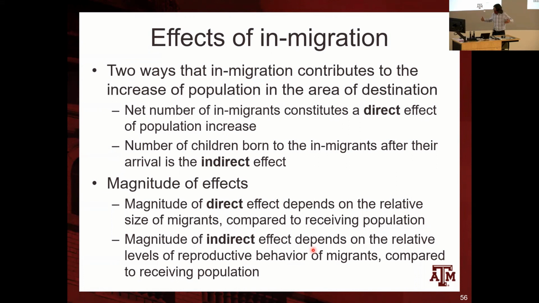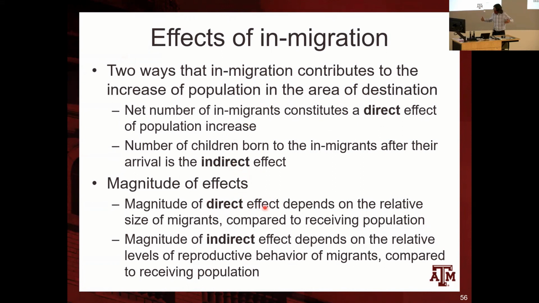But also in that same graph, we saw the line just showing those that were born in southern areas and now are somewhere else. So that graph is a really clear example of the two ways that in-migration contributes to the increase of population there of destination. We have both the direct effect of the immigrants themselves moving to those areas, and the indirect effect.